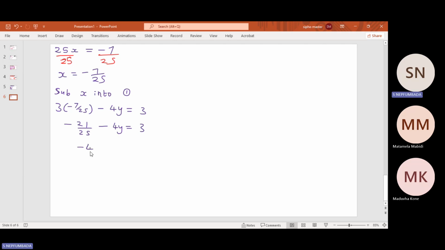Then minus 4y equals 3 plus 21 over 25. Then minus 4y equals 71 over 25.